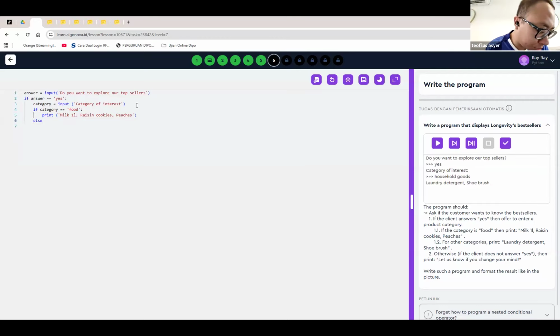Don't forget the colon. Else. Okay, after the colon, print. What is it? Print. I think this one, right? Yeah. Okay, after that, I think you just have to close it with another else. Yeah, that's it. Good.